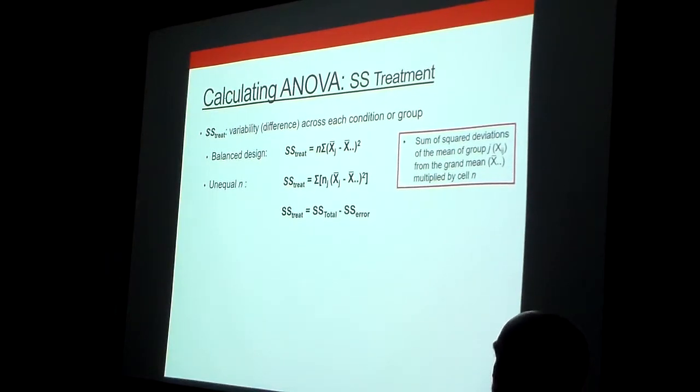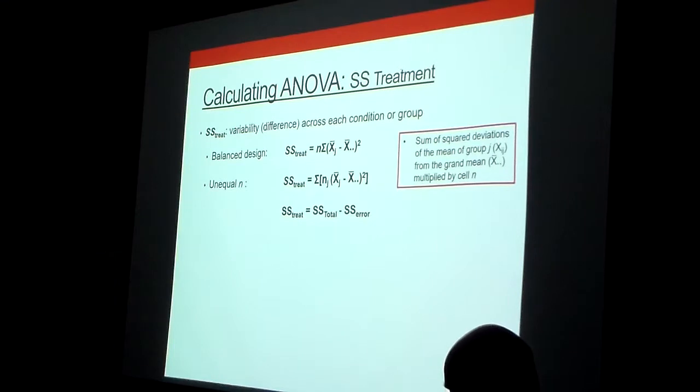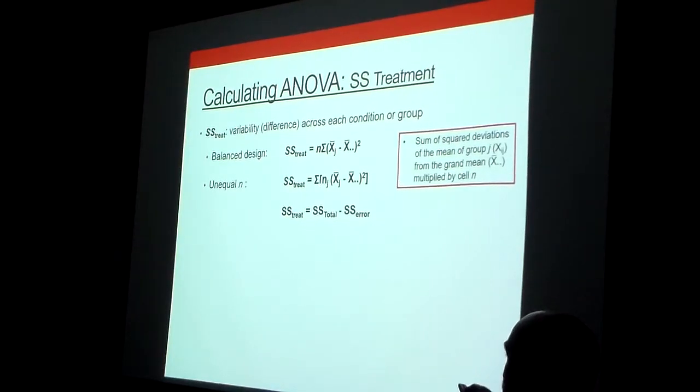So if instead of 5 people in each group we had 5, 6, and 7, we take 5 times the deviation of group 1 from the grand mean, 6 times the deviation of group 2 from the grand mean, 7 times the deviation of group 3 from the grand mean, and sum all those up.